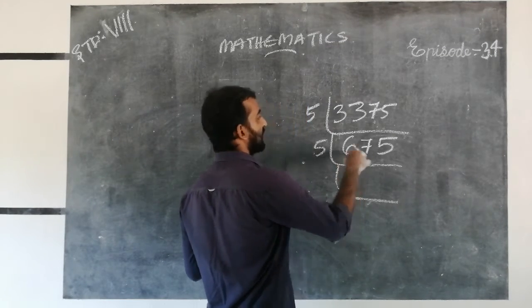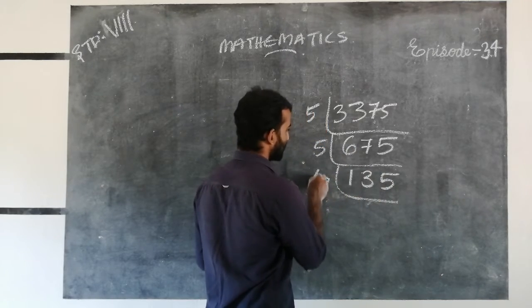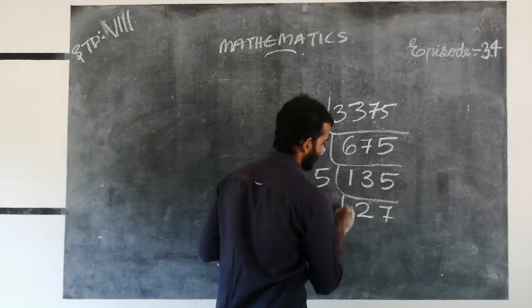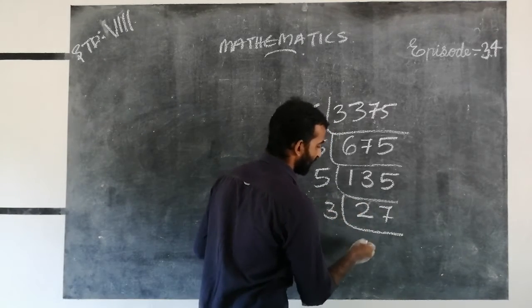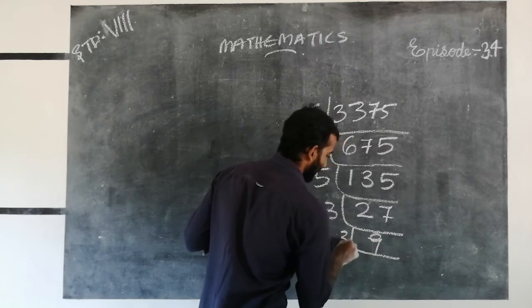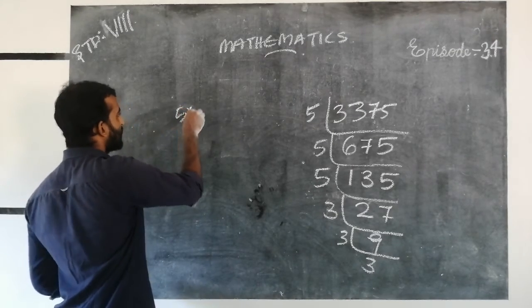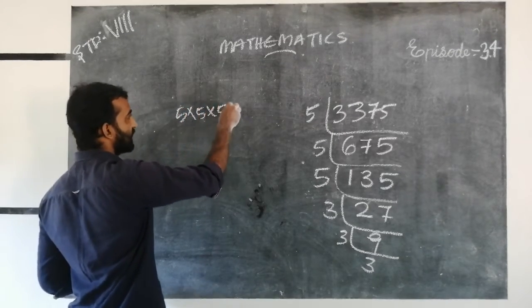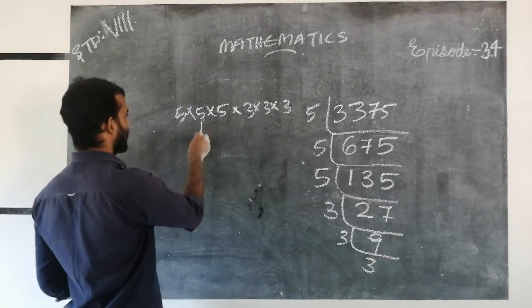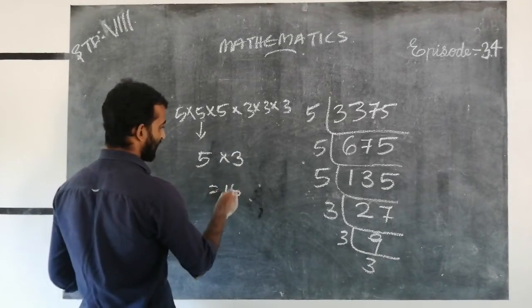And next is 675, 5, and also 5, that is we get 27, and 3 we get as 9, 3, 3. We can write it as 5 into 5 into 5 into 3 into 3 into 3. That is we can write 5 into 3, that is 15.